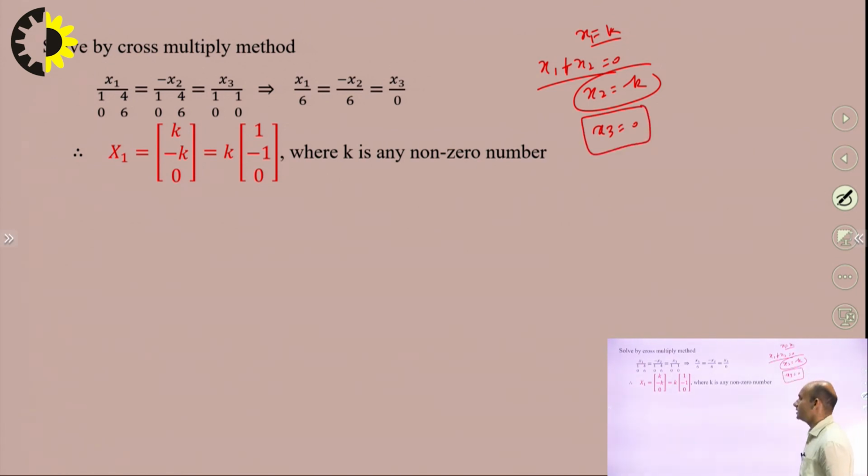So x1 is k, x2 is minus k, and x3 is 0. So we get k, minus k and 0 as the eigenvector corresponding to lambda equals 2, or k times 1, minus 1 and 0 corresponding to eigenvalue lambda equals 2, where k is any arbitrary number.